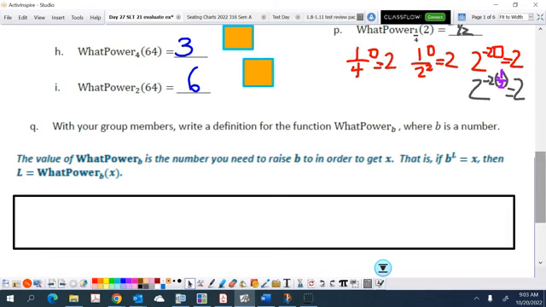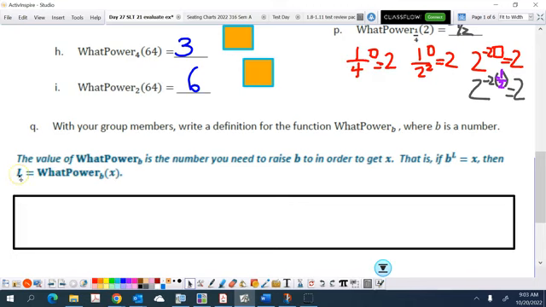So if I think about it exponentially, that says base b raised to the L power equals x. So if I then make that the log argument, the answer is the exponent L. What power do I have to raise b to in order to get x as an answer?